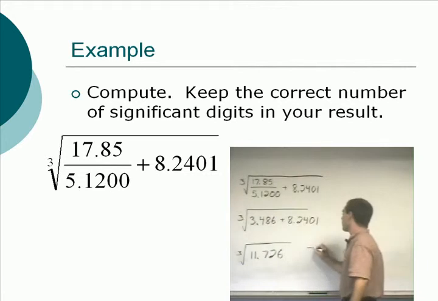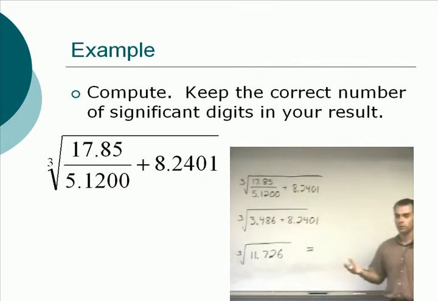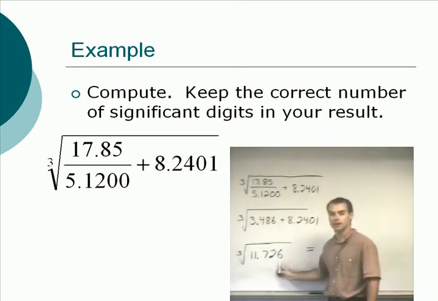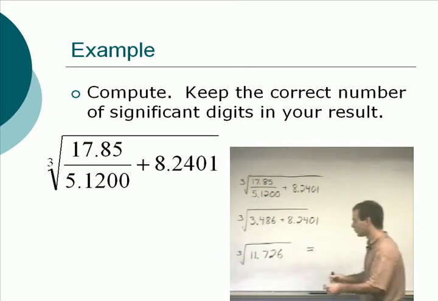Now we're going to take the cube root of that. The rule for taking a root, any root for that matter, is you keep how many? Any radical or root, how many sig digs do you keep? However many are in your radicand. So we have 5 here, we'll take the cube root.